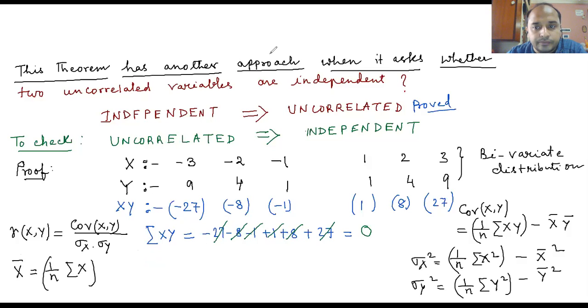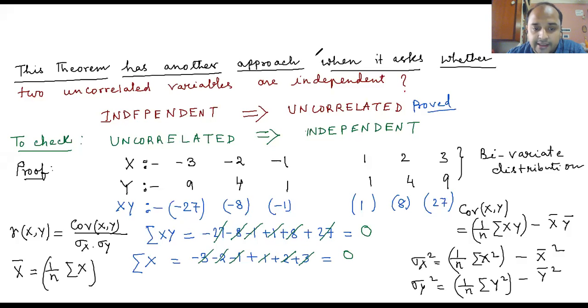Summation x is minus 3, minus 2, minus 1, plus 1, plus 2, plus 3. Similarly, 3 cancels minus 3, 2 cancels minus 2, 1 cancels minus 1, and we get the result 0.